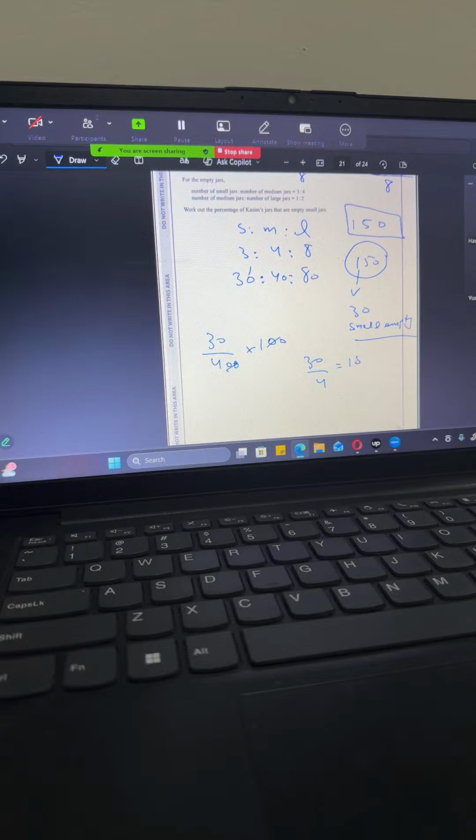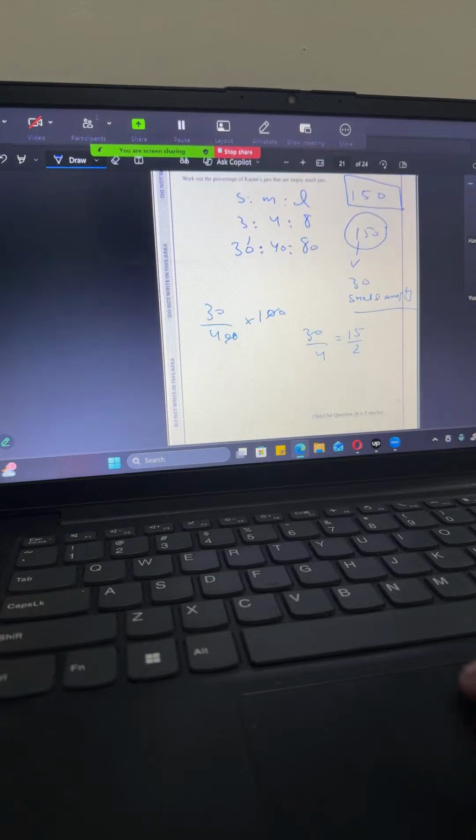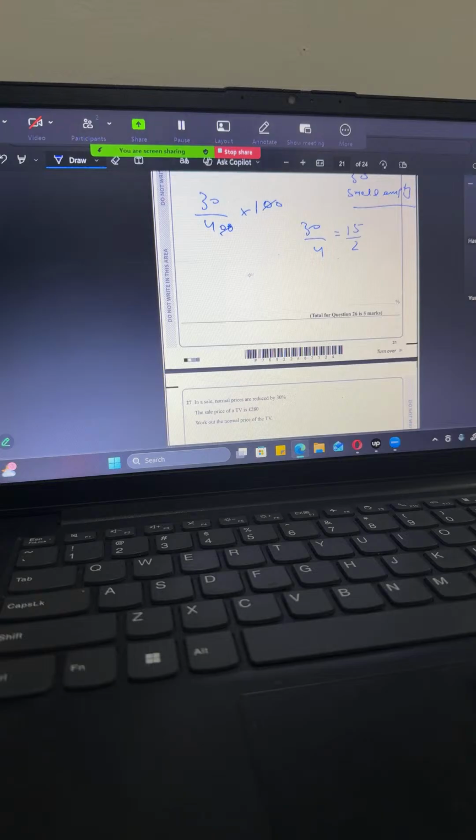Now I want the answer in decimals. We have 15 over 2, which means 15 divided by 2. Okay, so can you do it? It's 7.5.